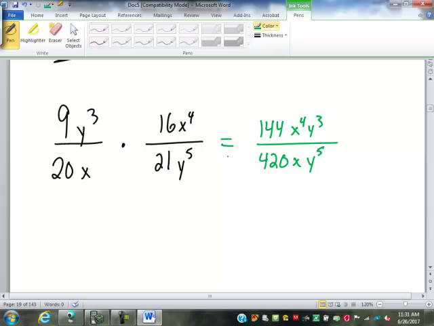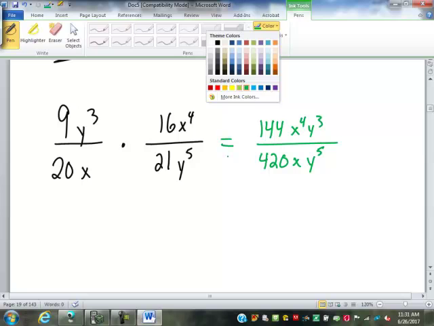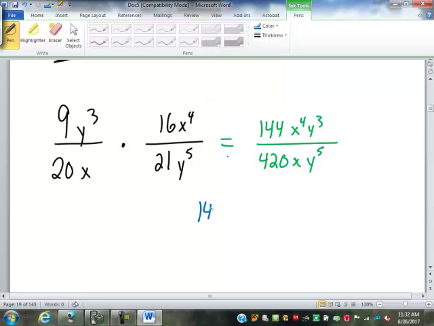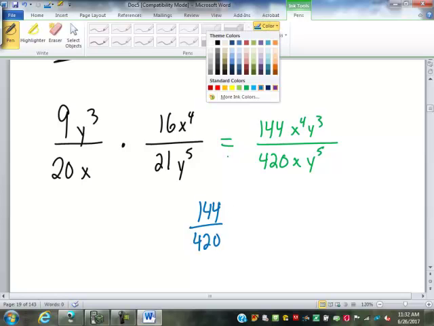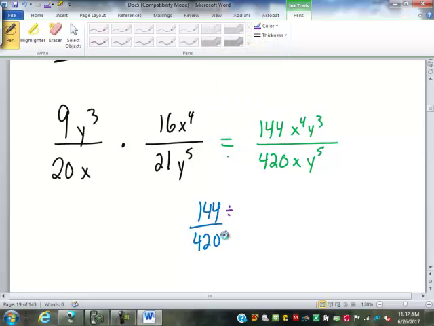And then I do have to still reduce this. 144 over 420. What's one thing that both of those can be divided by? Let's try 2. 4 would work, you're right. 144 divided by 2 is 72. 420 divided by 2 is 210.